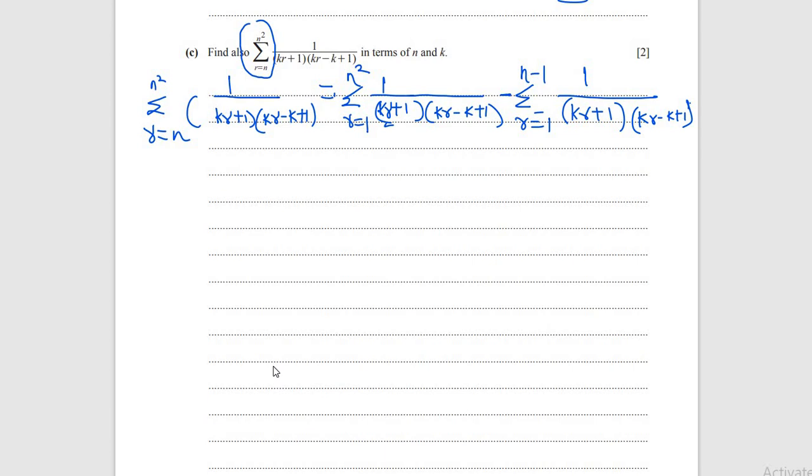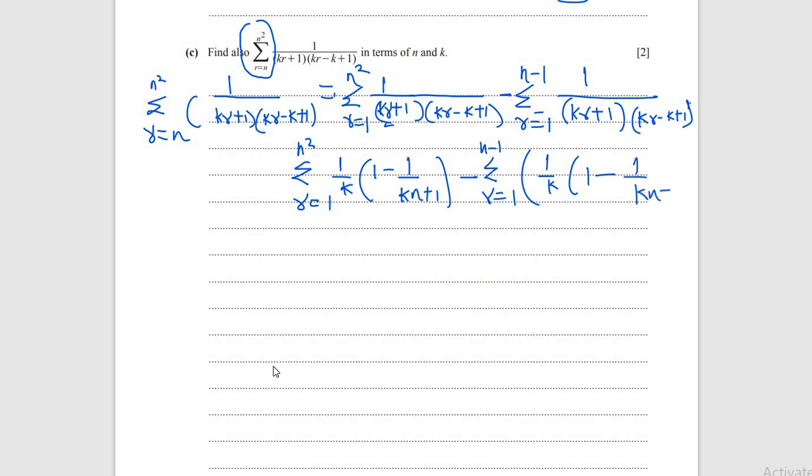Previously, summation r equal to 1 to n squared is the same thing as 1 over k into bracket 1 minus 1 over kn plus 1 from the previous question, minus summation r equal to 1 to n minus 1, the same thing as 1 over k bracket 1 minus 1 over kn plus 1.